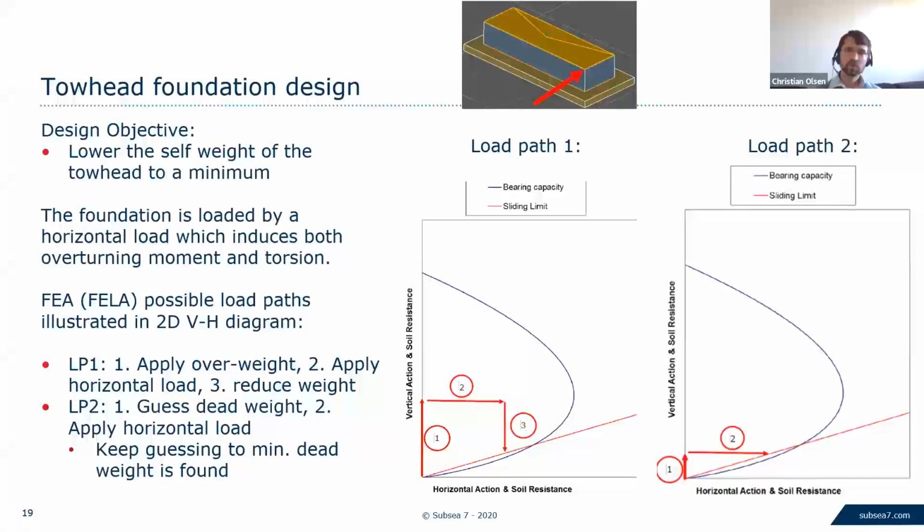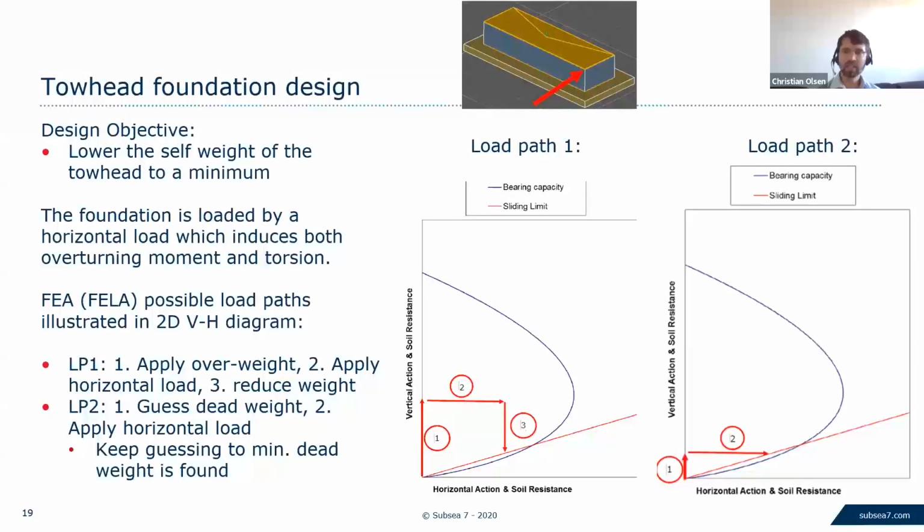To then design this towhead, the most important thing is to have the self-weight of the towhead as low as possible. In the present case, we imagine that the towhead weight could be much lower, but it needs to be able to resist the trawl load, and therefore we need to increase the weight.